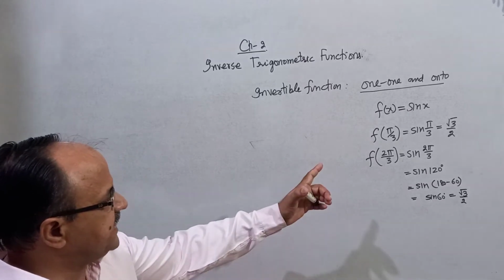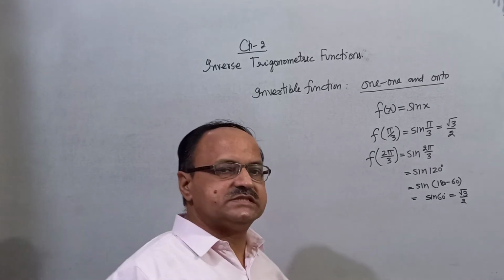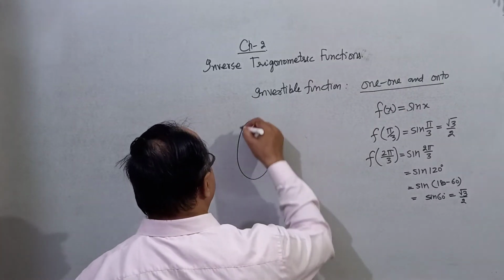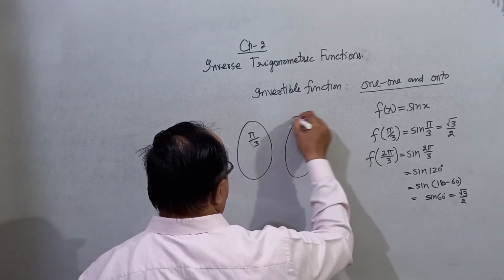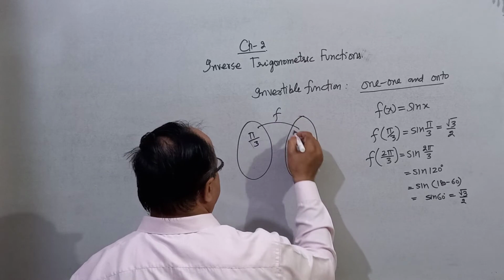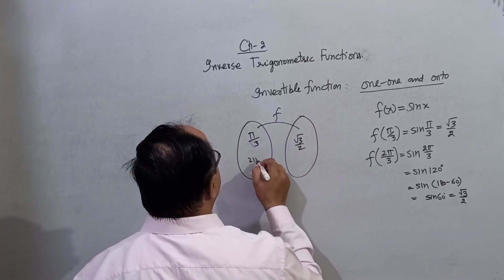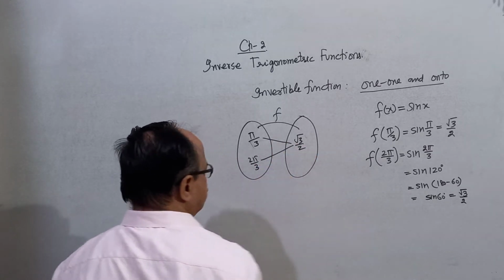Now you see that two different values have the same image. When you put pi by 3, the result is root 3 by 2. When you put 2 pi by 3, the same result.